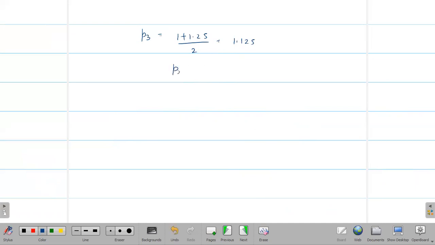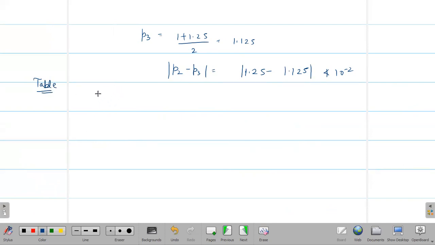So now check P2 minus P3. It is 1.25 minus 1.125. So again, it is not less than 10 raised to minus 2. So you have to find the fourth iteration. So here, for the simplicity, I'm making a table that will be easier for you.